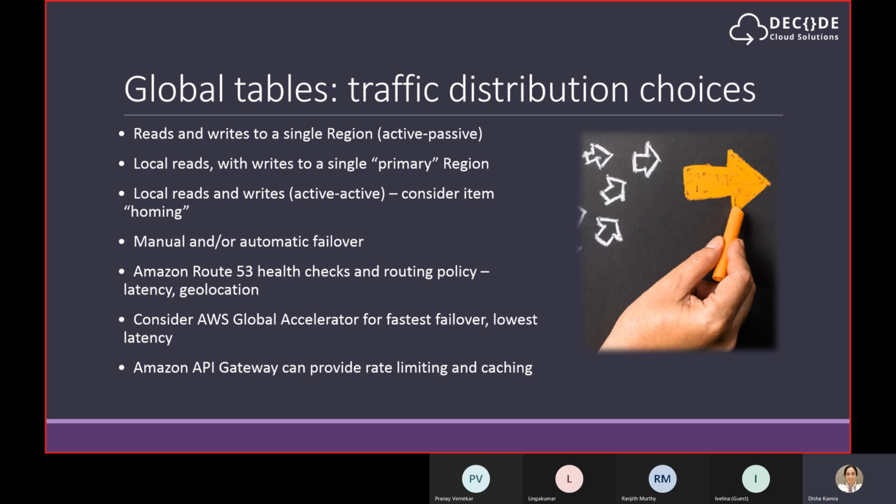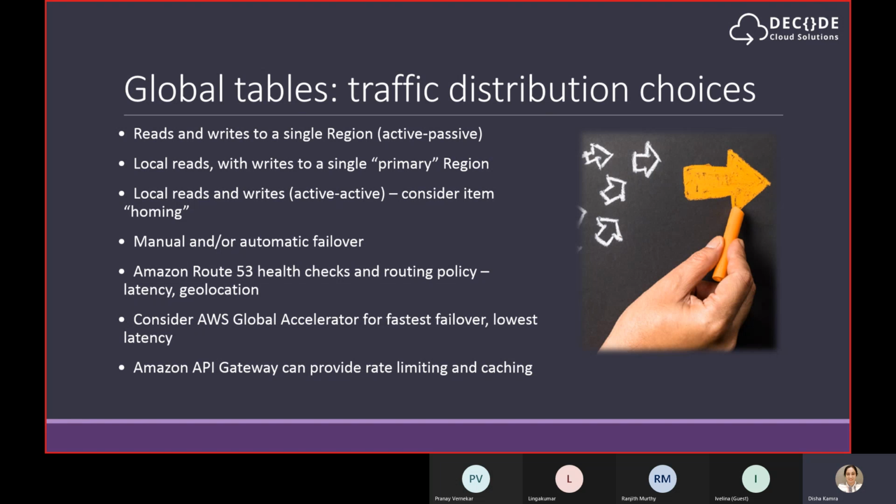To me, the most interesting architecture is an active-active configuration, where reads and writes are made in multiple regions. If your data operations are idempotent, such as an append-only table or unconditional updates, this is easy to achieve.